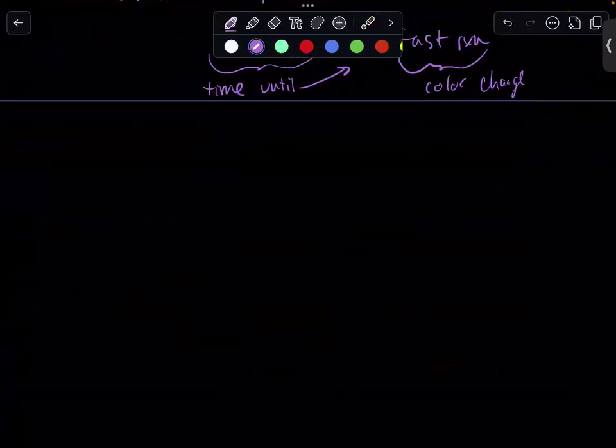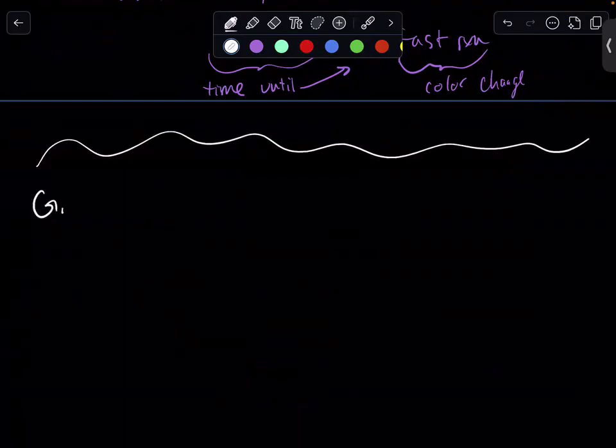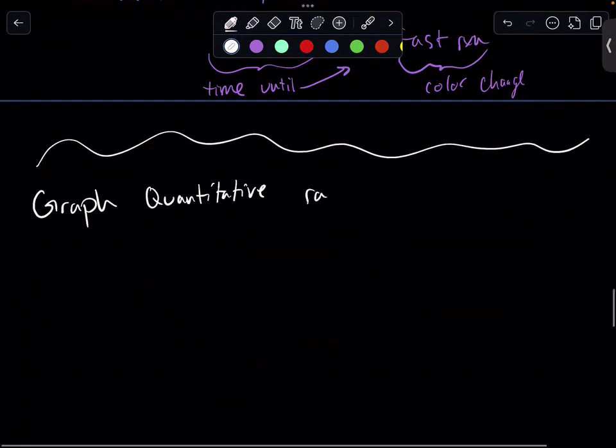But what do we do when we use a quantitative method and we have data? What we generally do is we graph quantitative rate data.